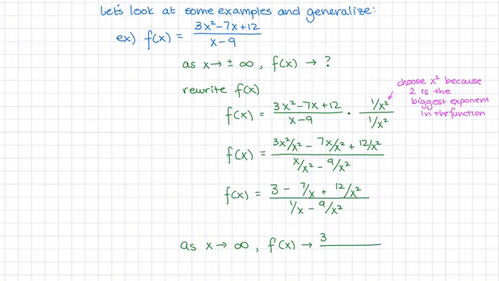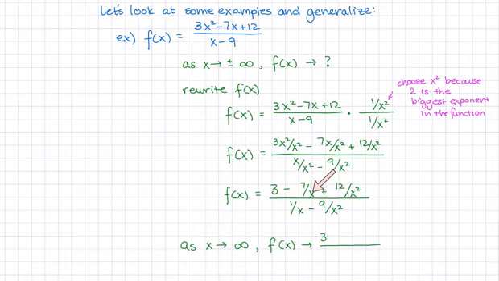But the second fraction, 7 over x. As x approaches infinity, since x is in the denominator, what's happening to this fraction? If the denominator gets bigger, then the fraction gets smaller.